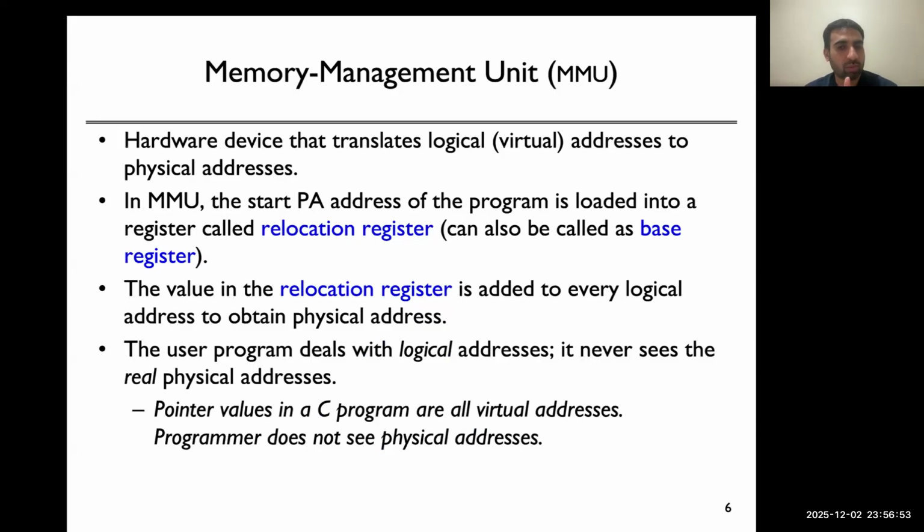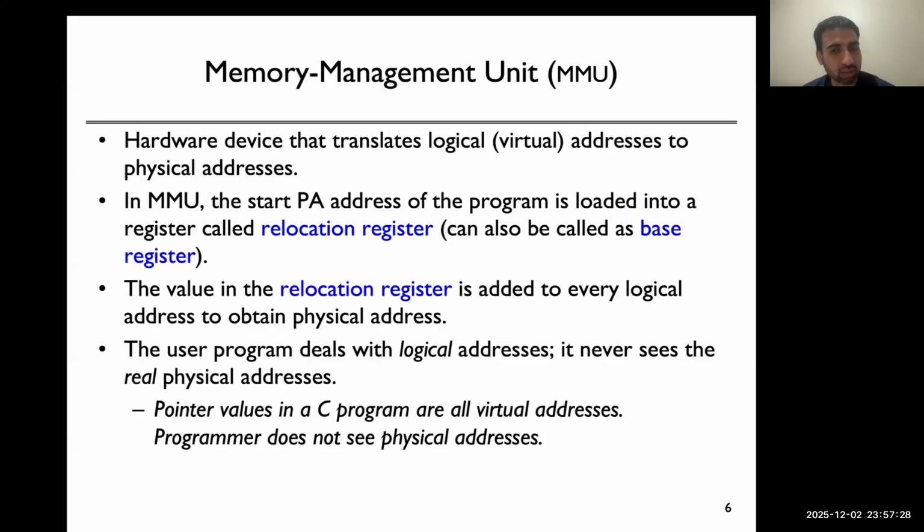So the addresses generated by our program, for example, let's say you are writing a program in C and you say X is a pointer of integer type, and I hope you know how pointers work, right? In that pointer variable X, you are loading the address of variable Y. Now the address of variable Y, which you are loading into the pointer X, is actually the logical address.